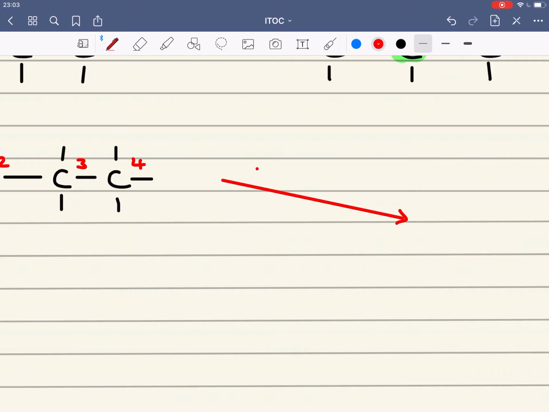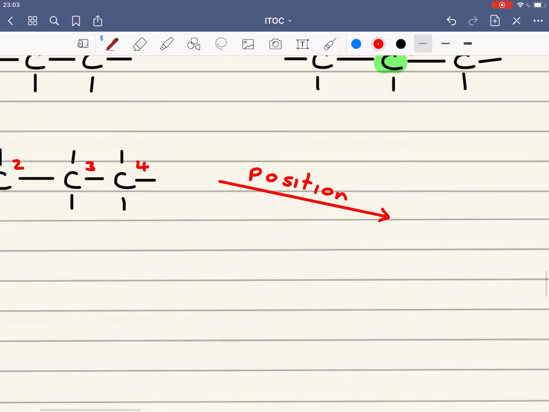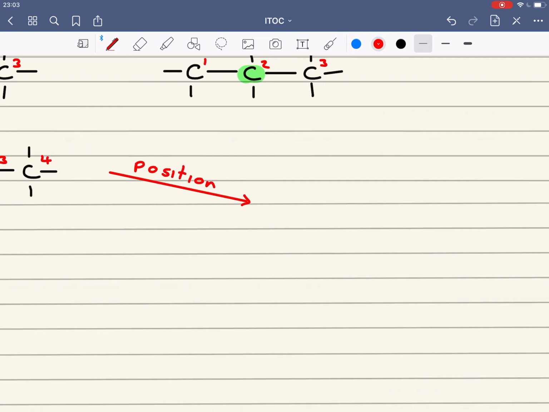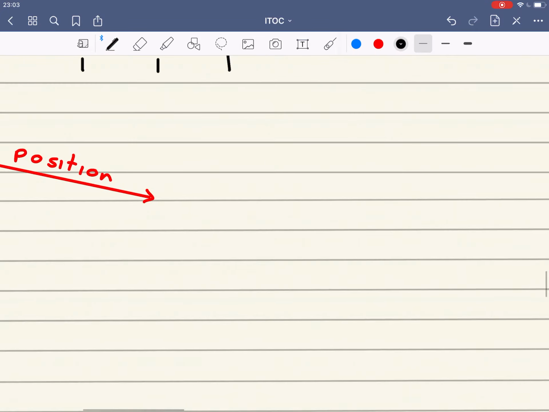Well, firstly, we'll look at the position isomer. So we've got to put the functional group, that is the alkene, on a different position within that carbon chain. And the only place we can put it then is, instead of being on carbon 1, it's now on carbon 2.